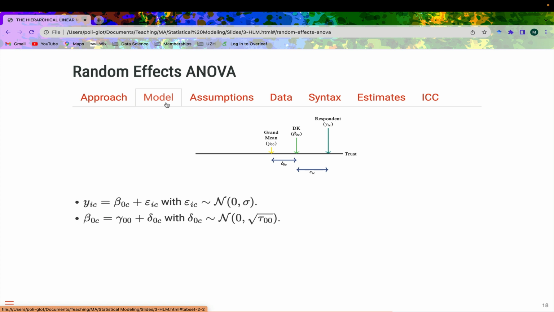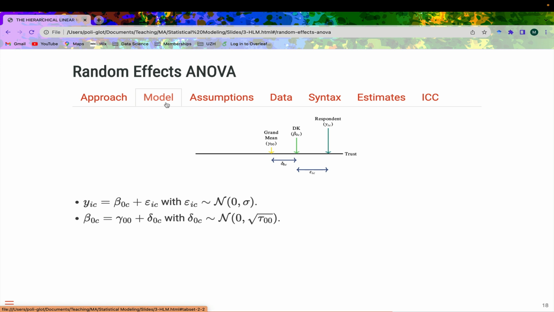In the picture, that epsilon sub IC is positive, but it could of course also be negative. We could have found someone in Denmark who is less trusting than the average Danish person. So what we're saying is that these epsilons vary, and we're going to assume, and that is typical of hierarchical linear models, that the epsilon is drawn from a normal distribution with a mean of 0 and a standard deviation of sigma. So that's the level 1 model.